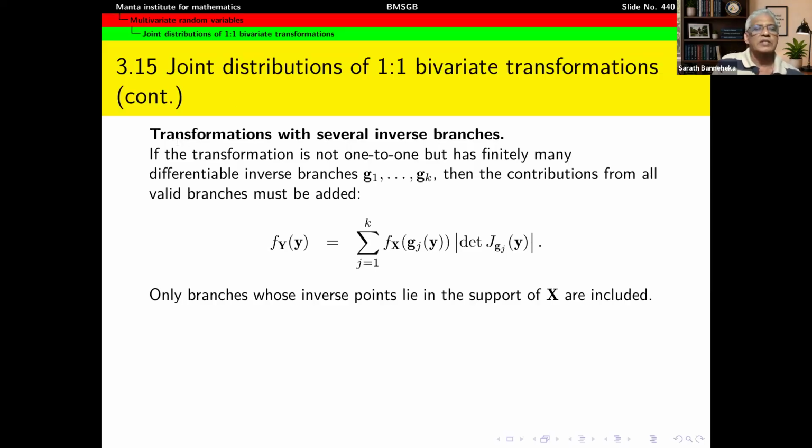So we call it transformations with several inverse branches.